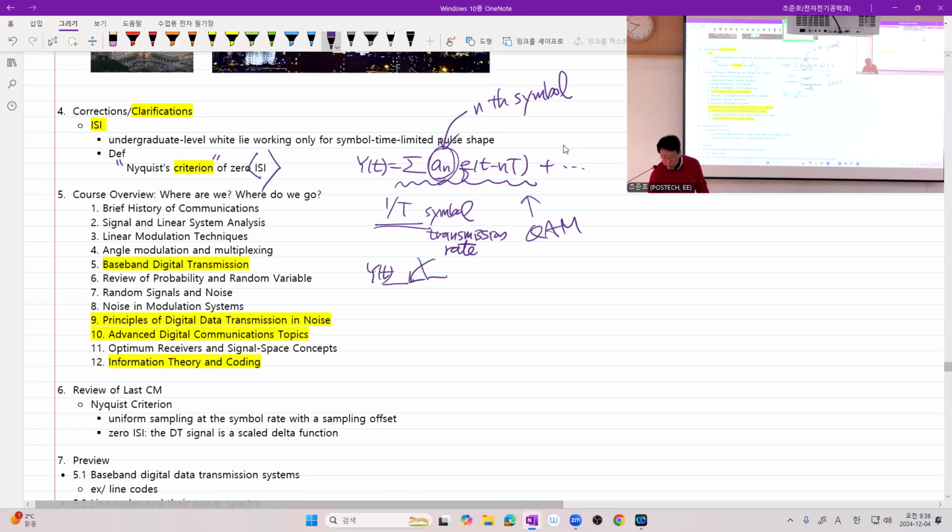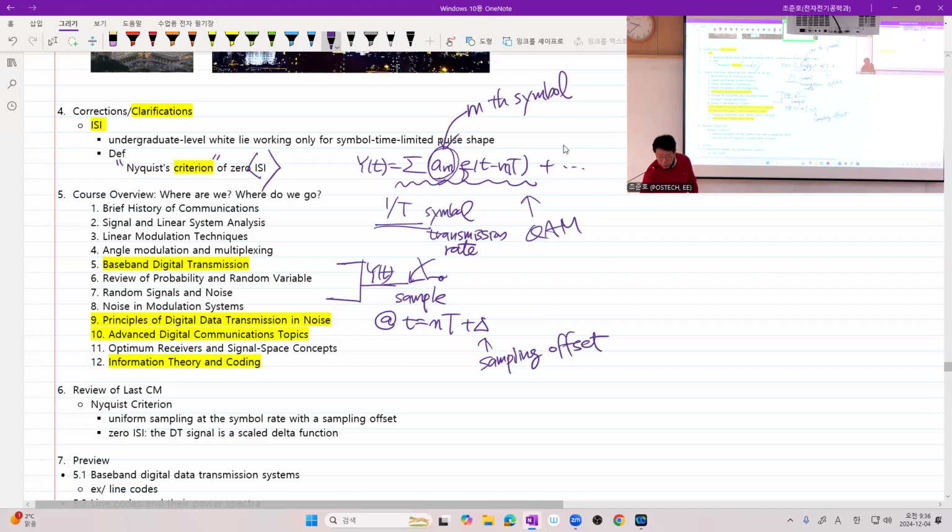So if you receive y of t and you sample at every mT, with index n, you sample with some offset. This is the sampling offset, which is fixed.